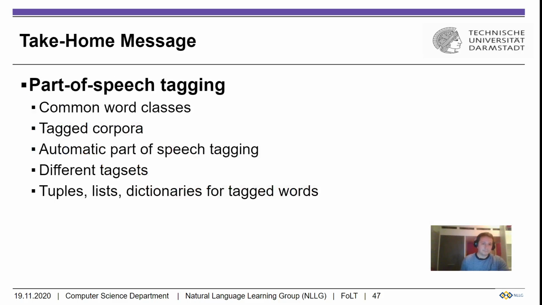So with this, we have our take-home message. We've seen part of speech tagging to find word classes for words. We saw that there are tagged corpora that already have part of speech tags for all the texts in the corpus.